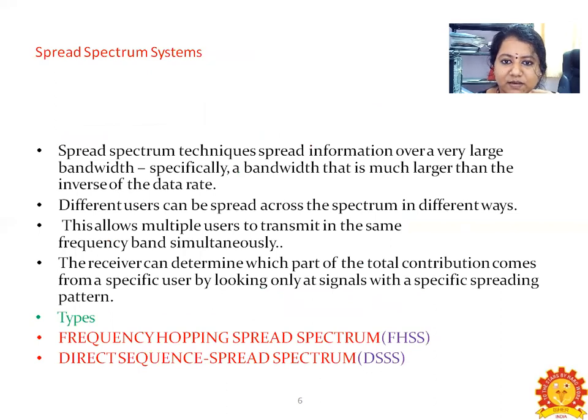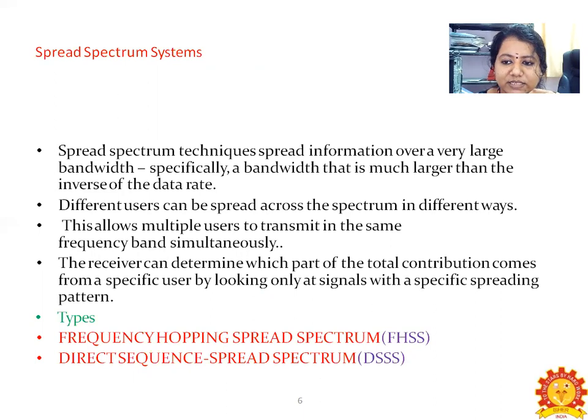Spread spectrum systems. The spread spectrum technique spreads the information over a very large bandwidth, specifically a bandwidth much larger than the inverse of the data rate. The different impulses can be spread across the spectrum in different ways, which allows multiple users to transmit in the same frequency band simultaneously.